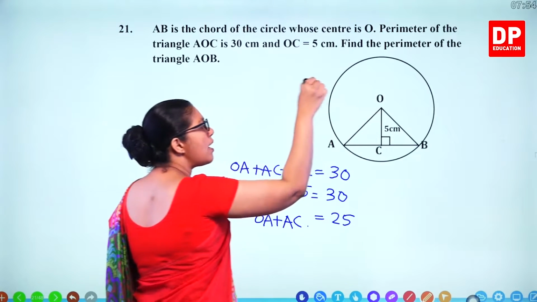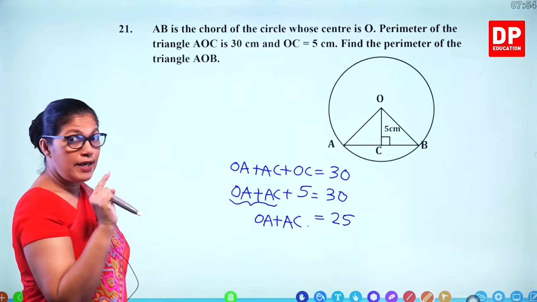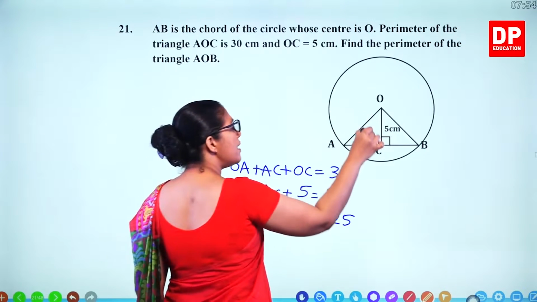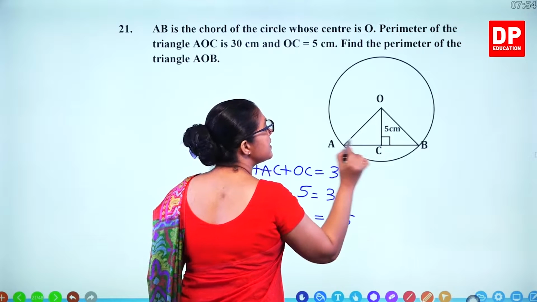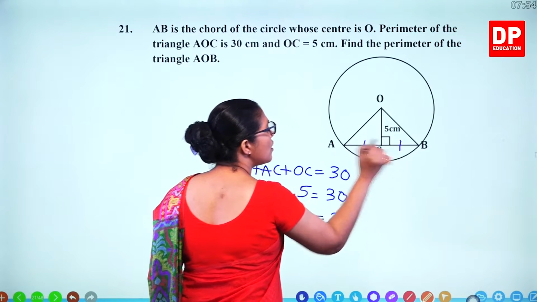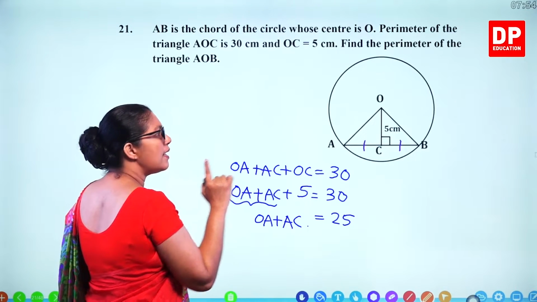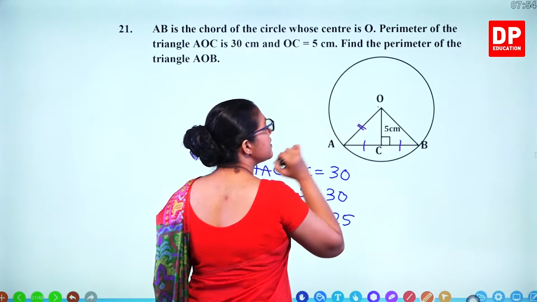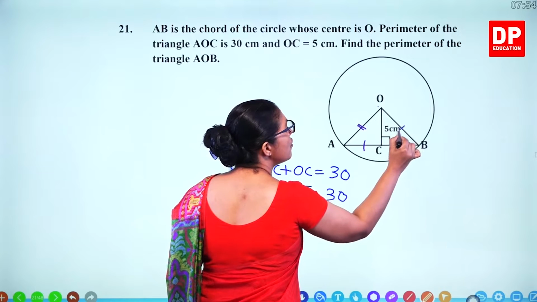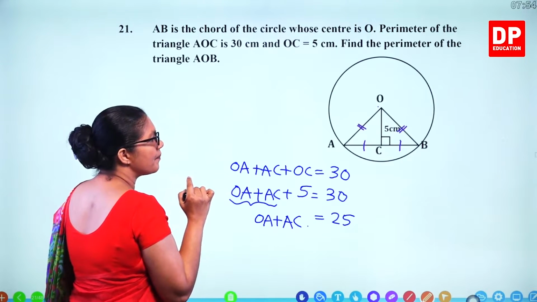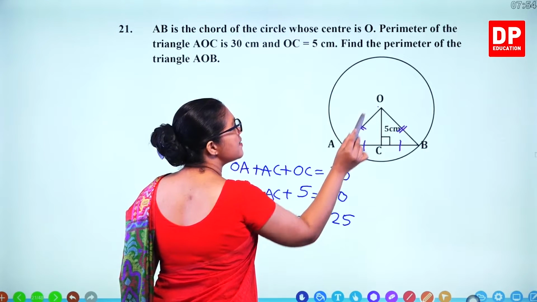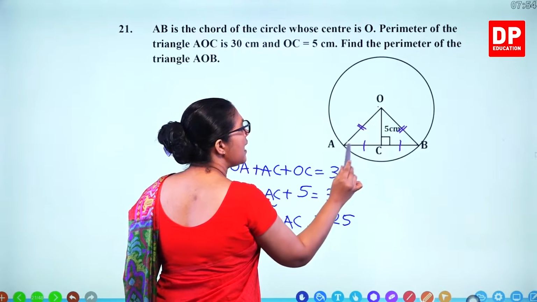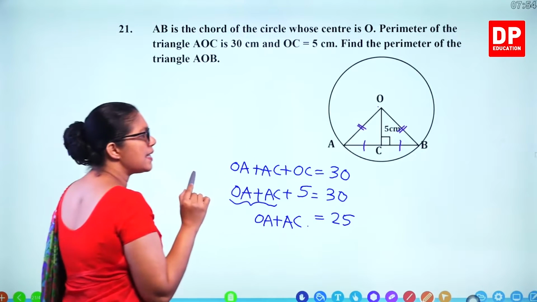When you draw a perpendicular line to the chord, they bisect each other. So this length is equal to this length. And this is the center, so this is the radius. OA is the radius, OB also radius, both are equal. OA is same as OB, AC is same as BC.